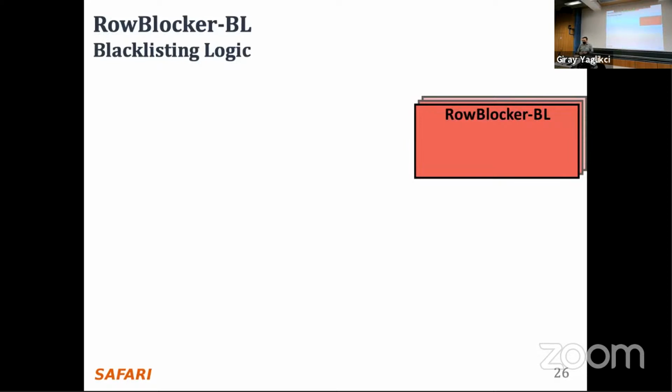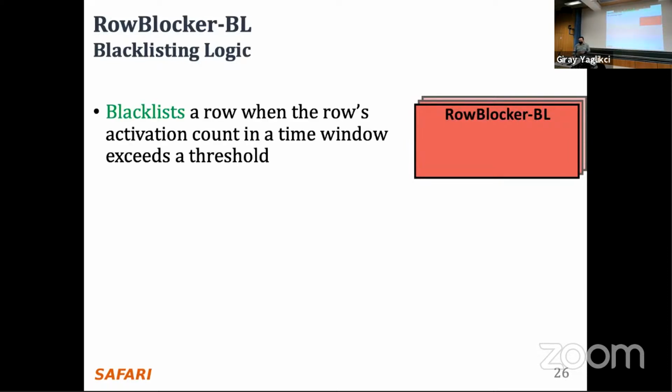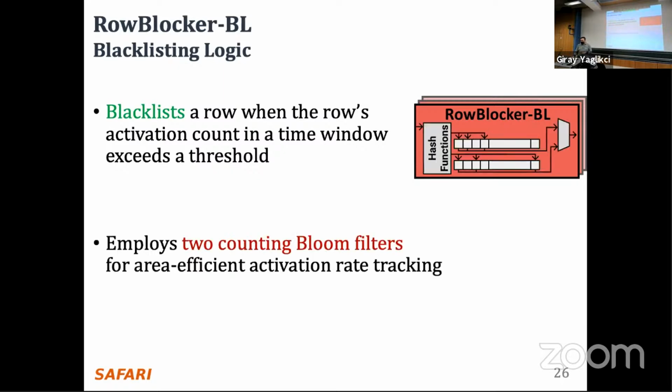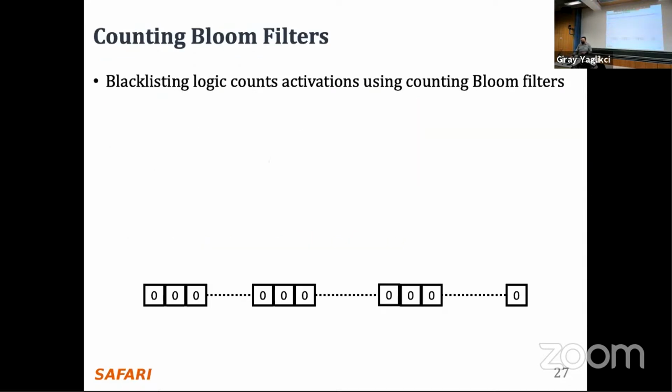Row blocker BL, the blacklisting logic, tracks row activation rates and blacklists a row when its activation count in a time window exceeds the threshold. To do this in an area-efficient way, it employs two counting Bloom filters, which are area-efficient counting structures. I'll explain how a counting Bloom filter works in our mechanism.